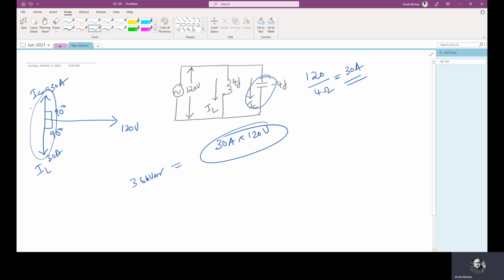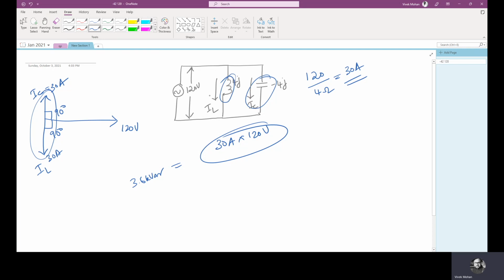So where is this reactive power coming from? It can only come from the capacitor in this case, which acts as a source of reactive power. So the reactive power delivered by the capacitor is equal to the current it carries times the voltage across the terminals. So for the capacitor also I have some reactive power, but there it acts as a source.